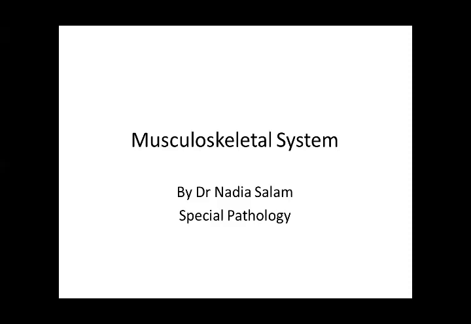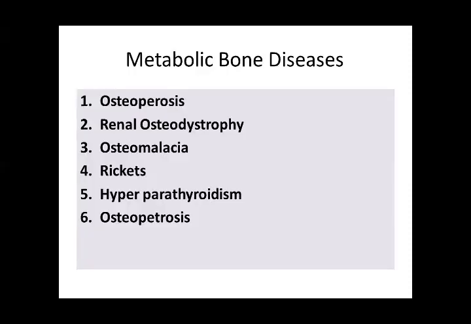Today we will discuss metabolic bone diseases, out of which osteoporosis was discussed to some extent even before, and today we'll complete the topic. Renal osteodystrophy, osteomalacia, rickets, hyperparathyroidism, and osteopetrosis are new to you.